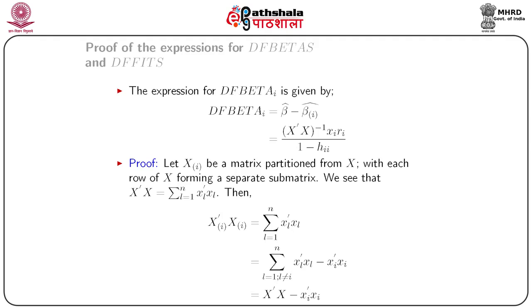Thus, X_(i)'X_(i) can be written as X'X minus the ith observation x_i' x_i.